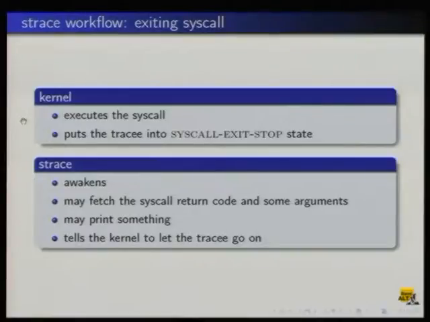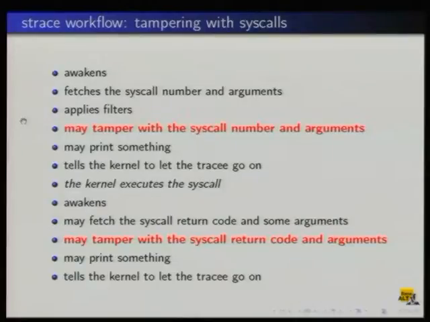If this syscall is not filtered, strace will print something, and then it tells the kernel to let the tracee go on, and everything repeats until something stops this. So if we take these two parts together, you can see that in this strace workflow there are two places where strace could tamper with syscall numbers, arguments, return codes, and whatever with syscalls being invoked.